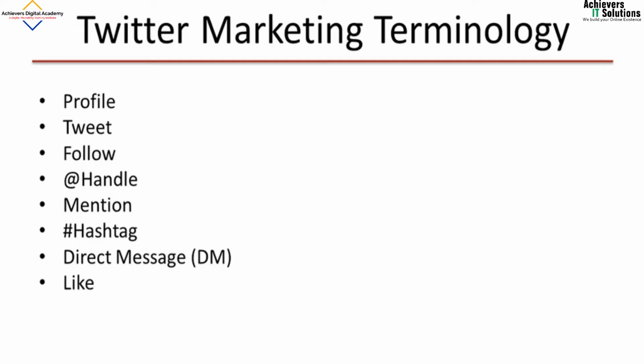Next is like, which is the same as like on Facebook. Retweet or RT. This is the equivalent of share on Facebook. So if you want to share a tweet that someone else has tweeted with your followers, you can retweet it. Next is reply. This is the equivalent of comment on Facebook.